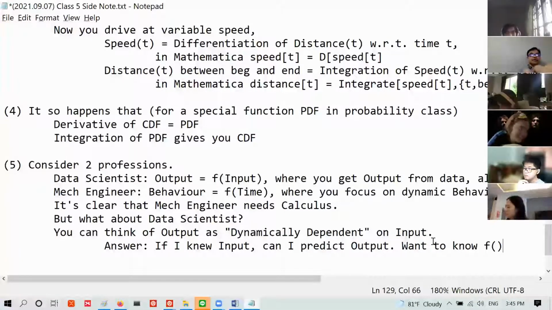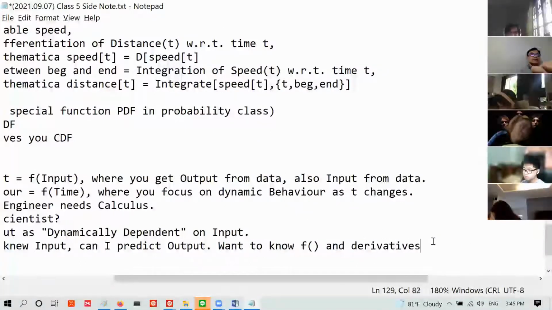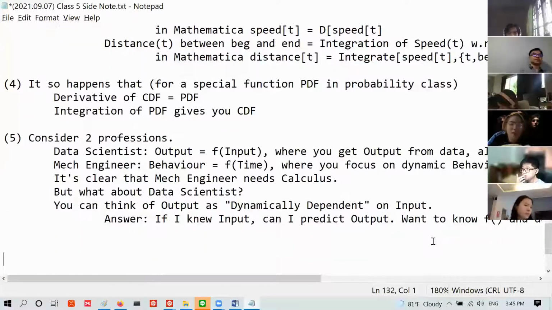F. And derivative helps. Or you can answer the other kind of question.